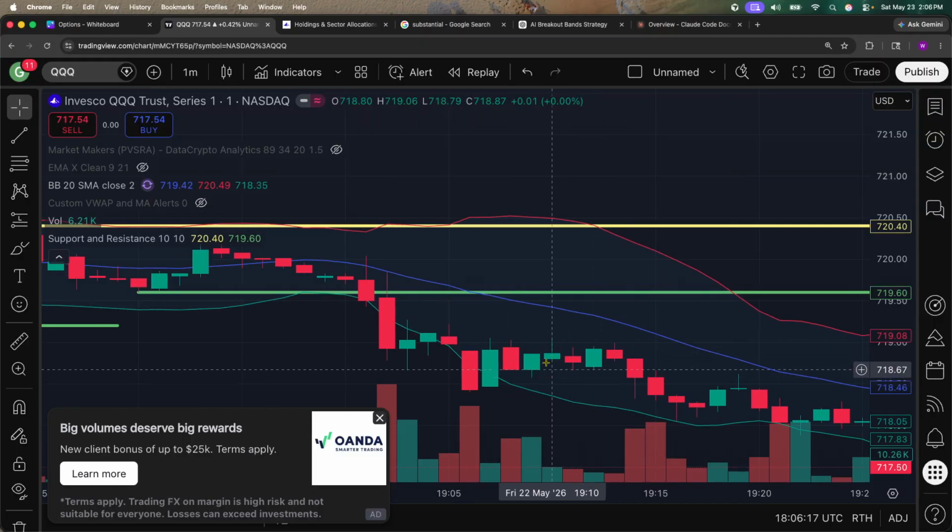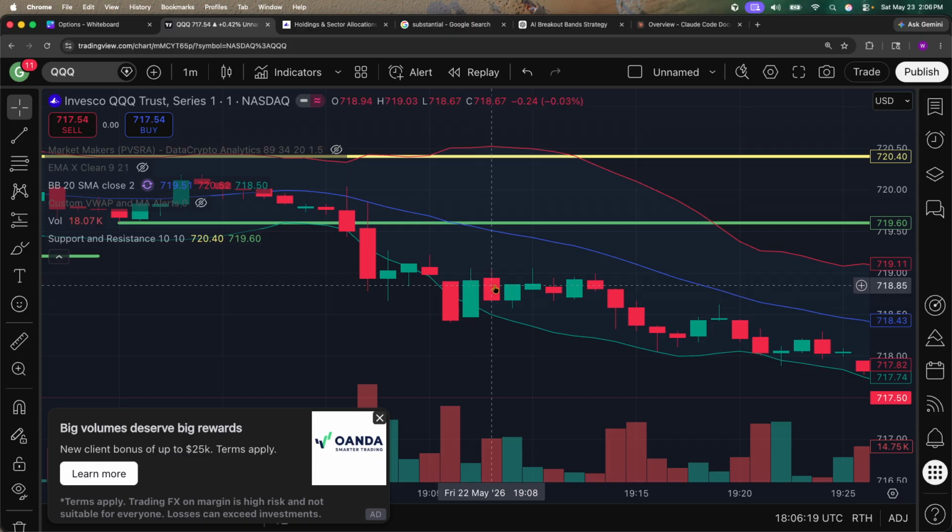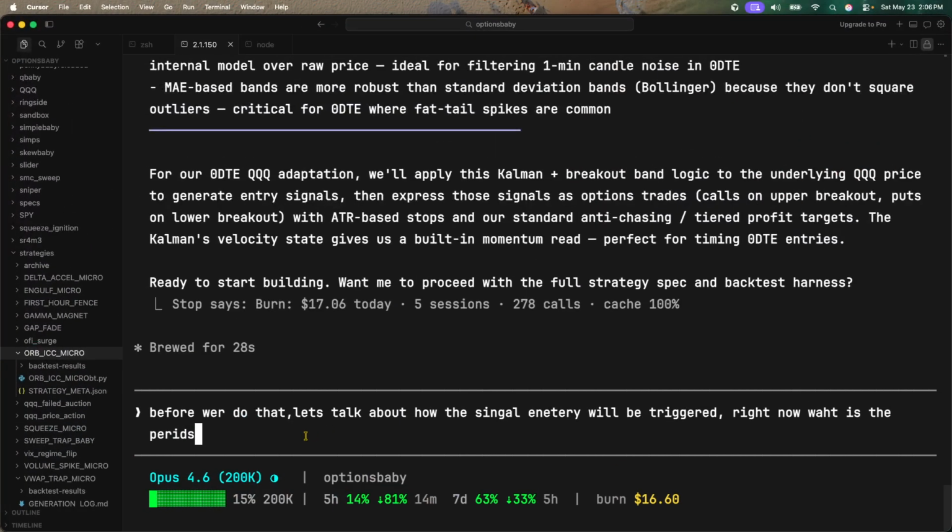So whenever I say 3 periods, that means 3 bars, 3 minutes. Whenever I say 8 periods, that means 8 minutes: 1, 2, 3, 4, 5, 6, 7, 8. So periods or bars is just the number of minutes that it takes for the strategy to produce a signal. Right now, what are the periods used for this? We may need to update this.